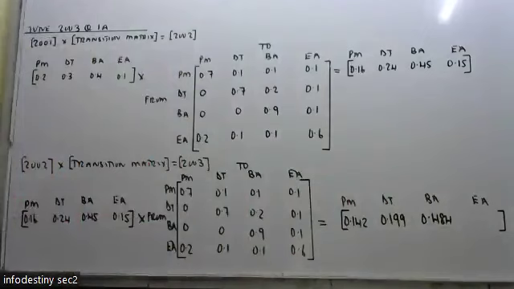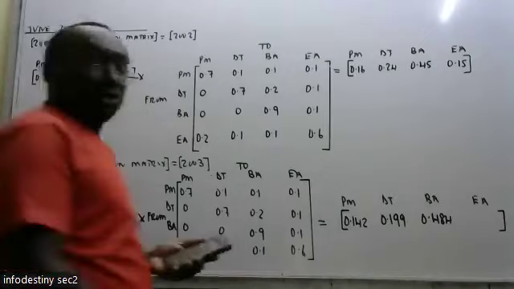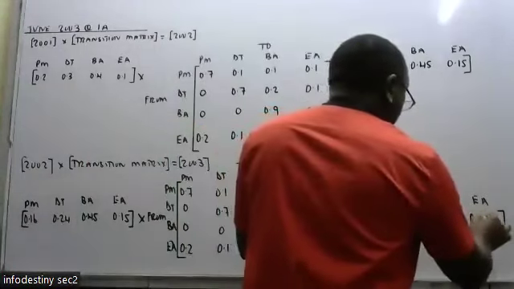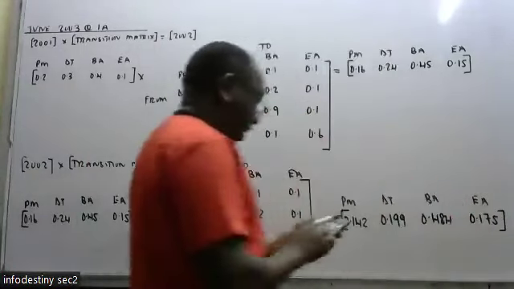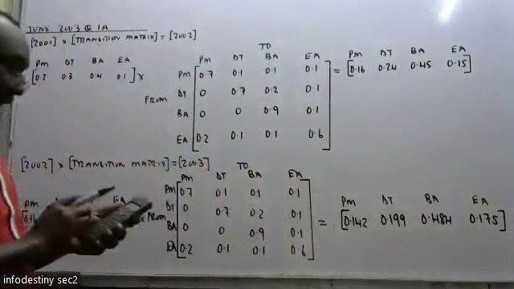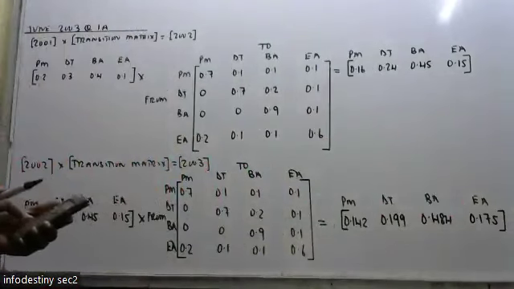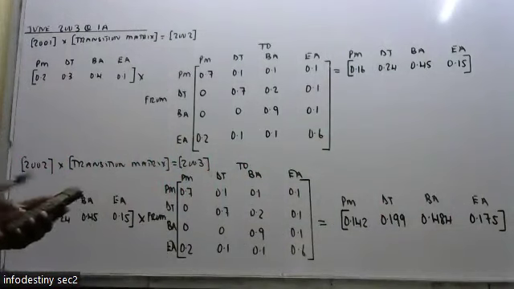And the last one is 0.16 times 0.1 plus 0.24 times 0.1 plus 0.45 times 0.1 plus 0.15 times 0.6, 0.175. And you should always confirm that they are adding back to 1. They should add back to exactly 1.